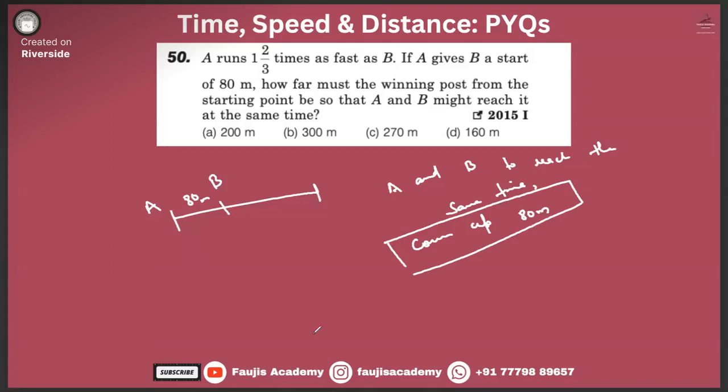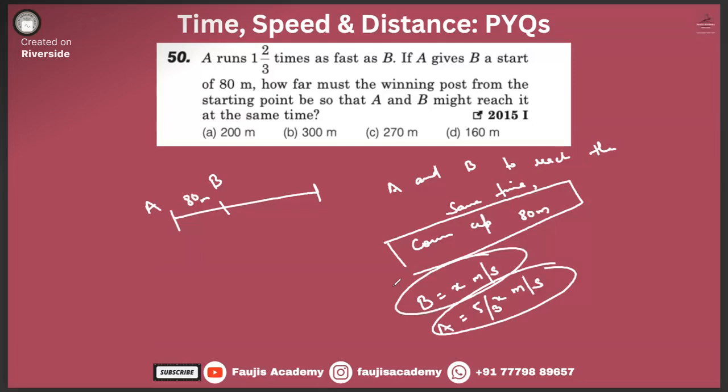No, right? Let us say B runs at the speed of x meter per second. And let us say A runs 5 by 3x meter per second, right? This will be their speed.